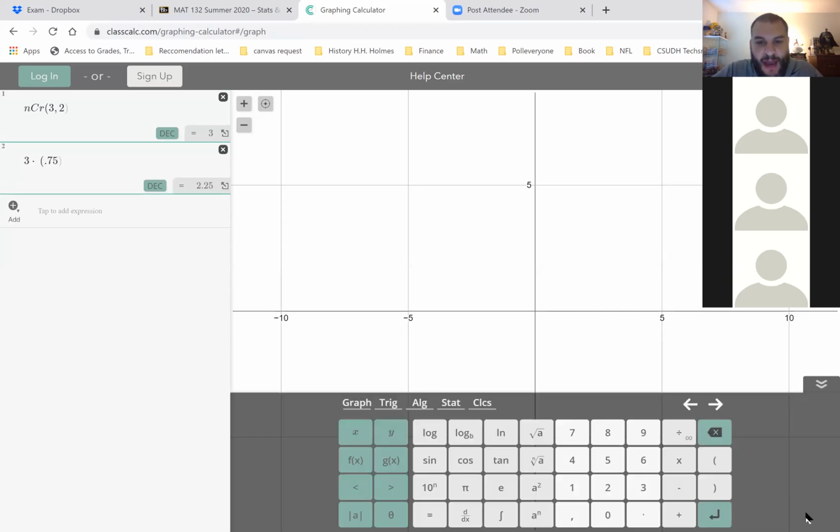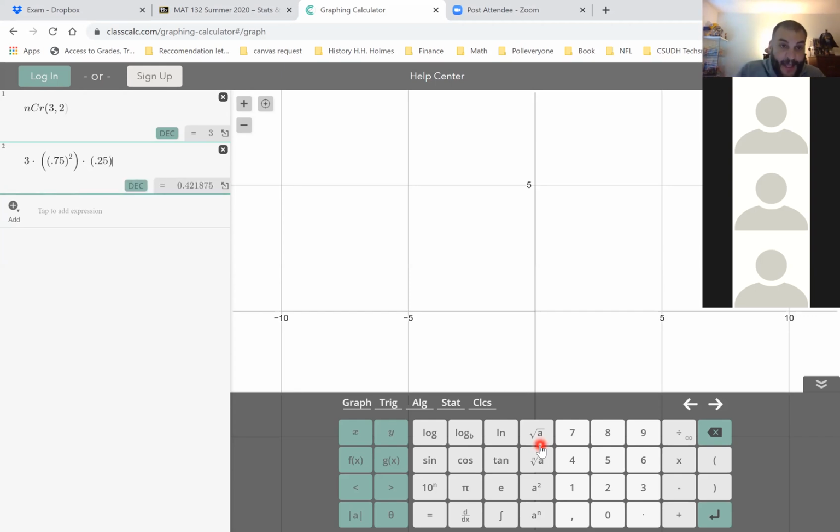You do need the power button, but since we're doing the second power, I'm going to use the to-the-second-power button. That makes it 0.75 to the second power. Then we can close the parenthesis, and then multiply by 0.25.